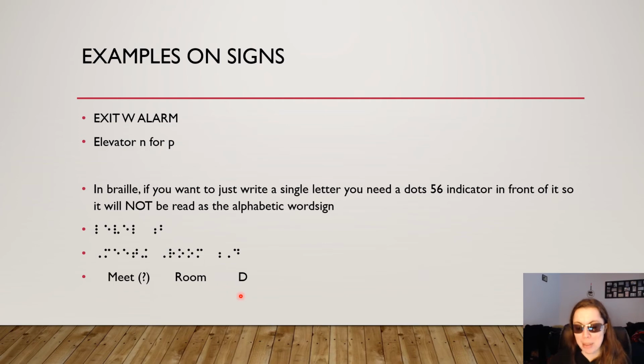And you could probably figure out from context or from looking at the print on the sign that that grouping that you don't know yet is the ing in meeting room D. So always use your context clues and the information around you to make an informed inference about what a group sign is if you're not exactly sure. It's pretty easy to figure out the print from Braille.